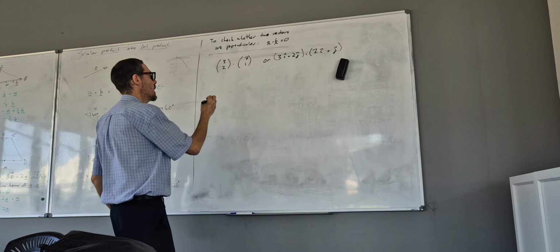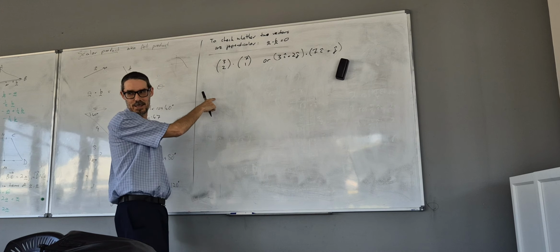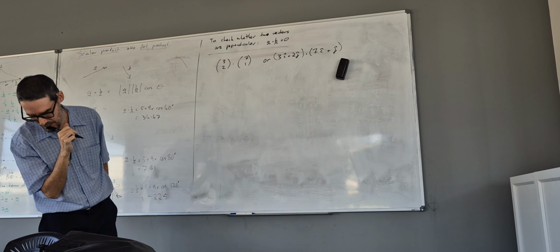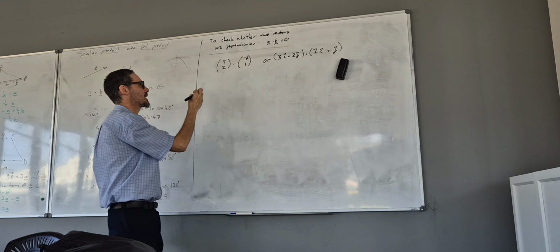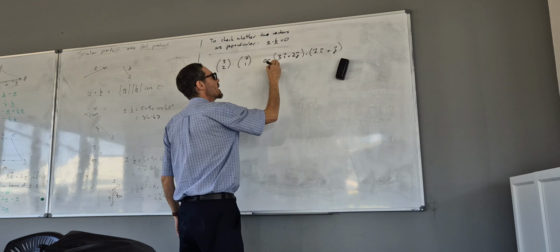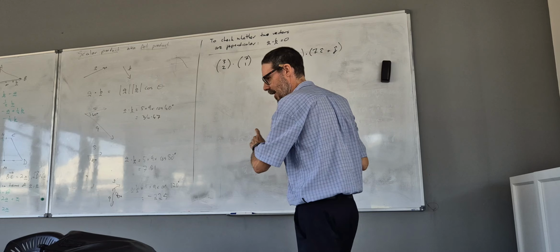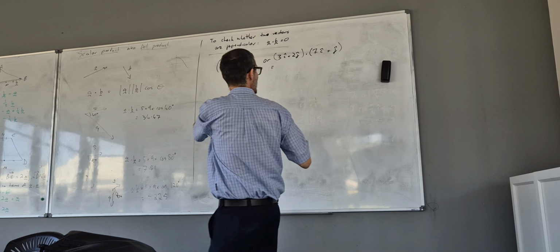Yes, so leave a space. I'm going to come back to that because maybe I can just show you. Let's just do this. This is what happens if I am expanding.